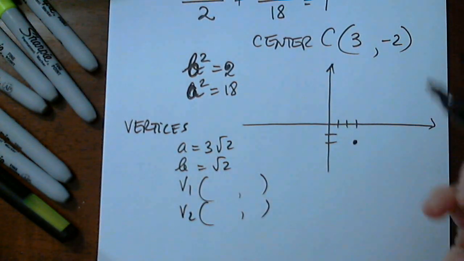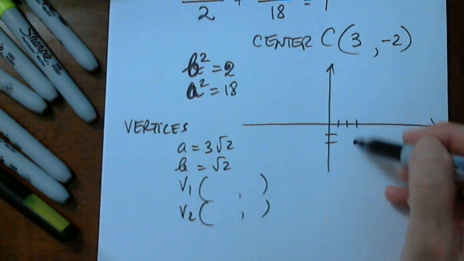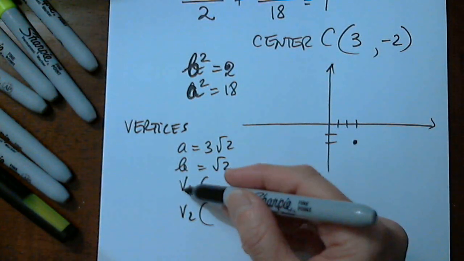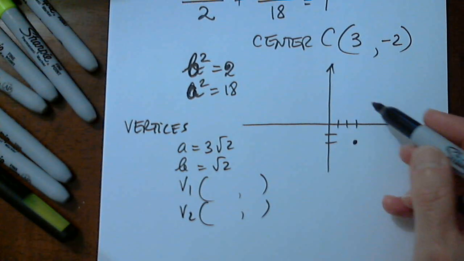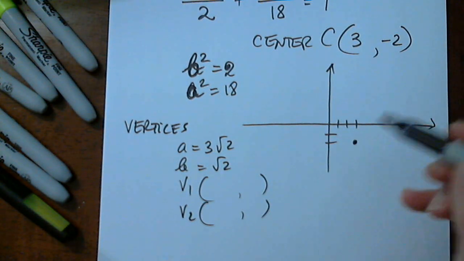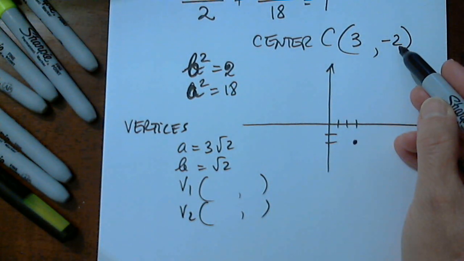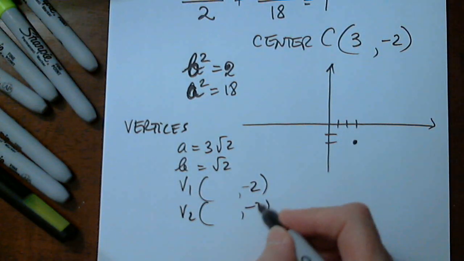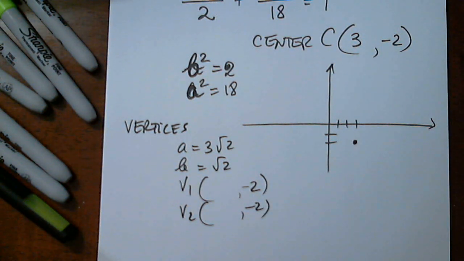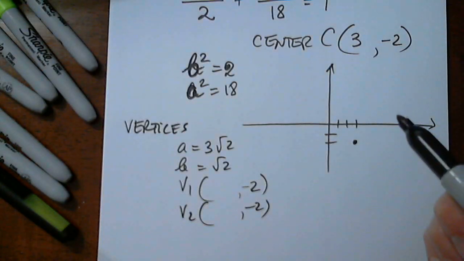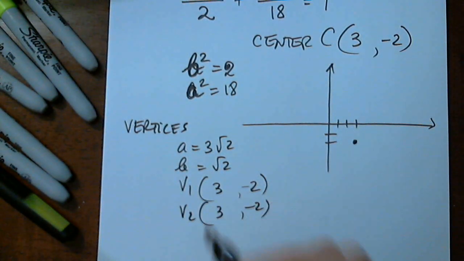And now we know that the x coordinate of the vertices, V1 and V2, will have to be 3. Good.